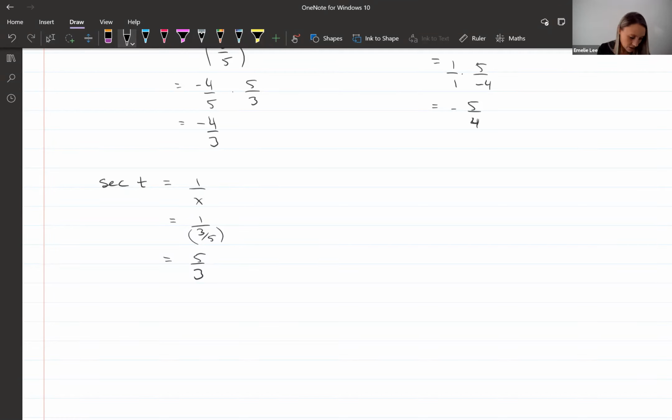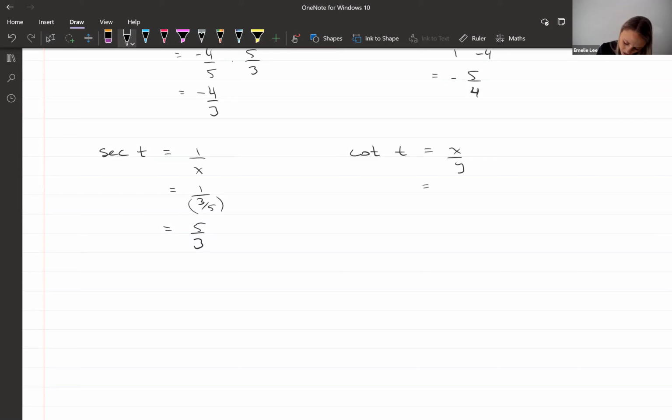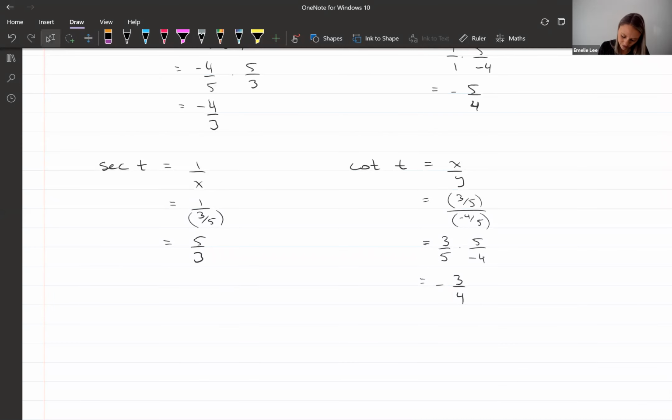And finally, cotangent of t is going to be x over y, which is going to be 3 over 5 over negative 4 over 5. If I flip and multiply these, I get 3 over 5 times 5 over negative 4, which is the negative 3 over 4. Okay.